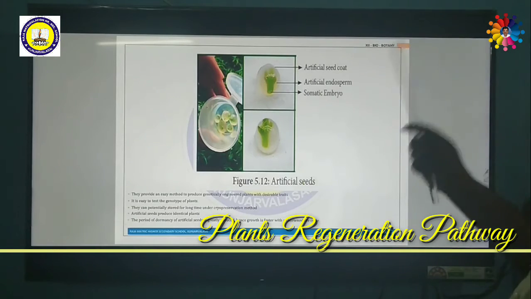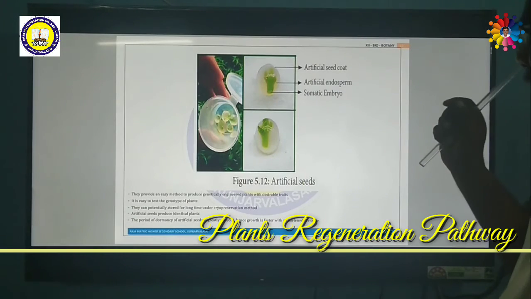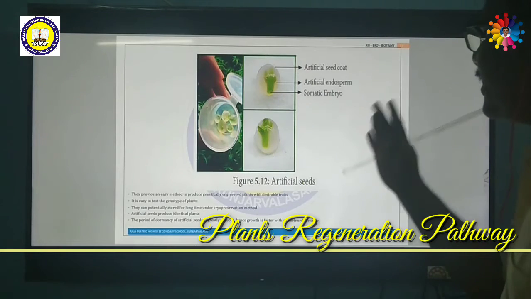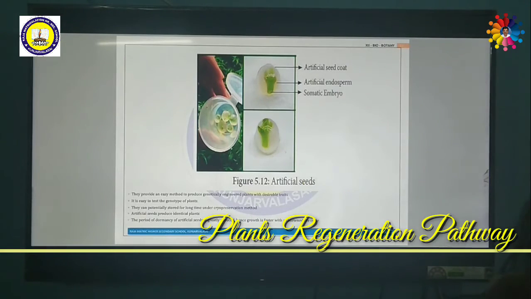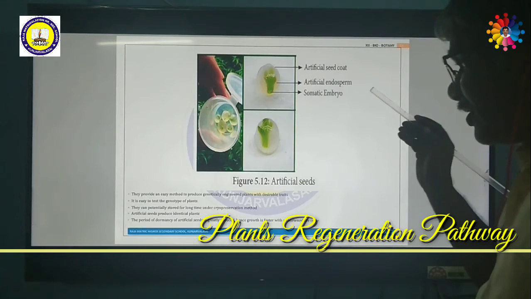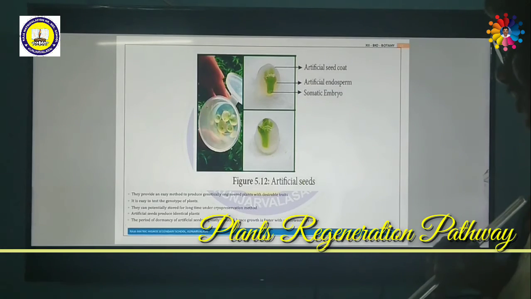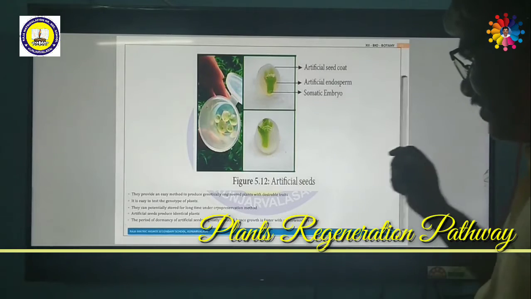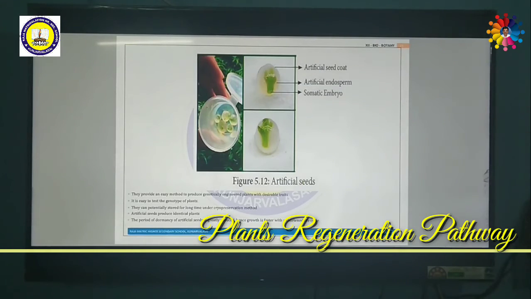It is easy to test for genotype of the plant. The genotype of plant can be easily tested with the help of genetic methods. They can potentially be stored for a long time under cryopreservation, even 200 years. What is cryopreservation?